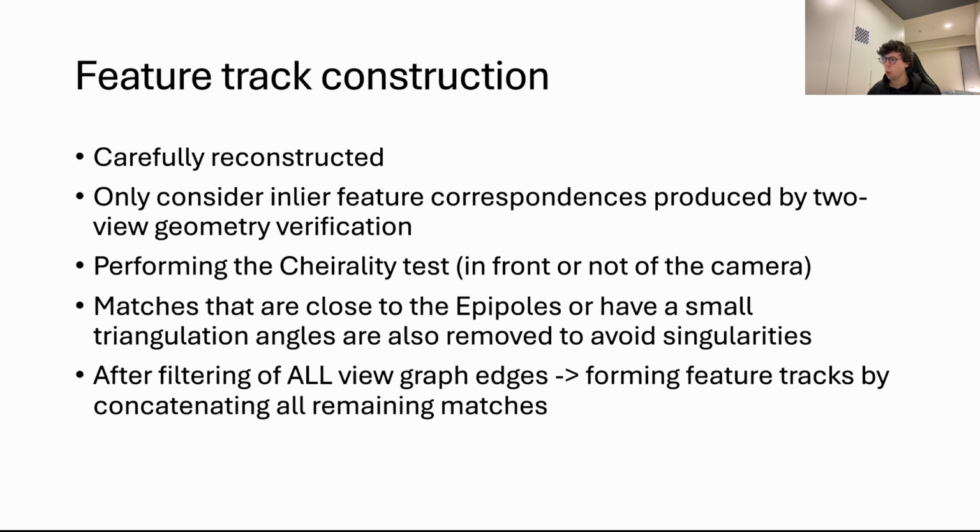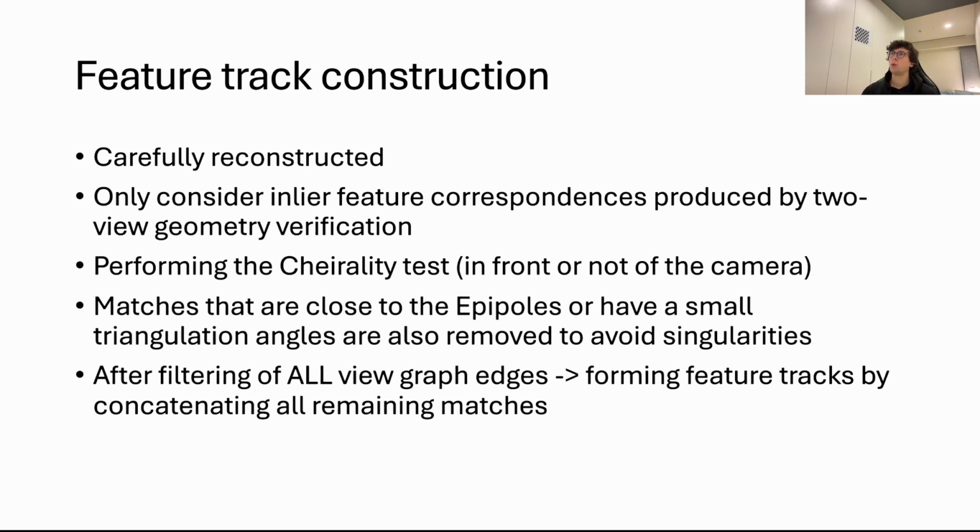And also points or matches that are close to the epipoles or have a small triangulation angle are removed to avoid singularities, where the optimization process might diverge. And only after filtering all these view graph edges can they form these feature tracks by concatenating all the remaining matches.